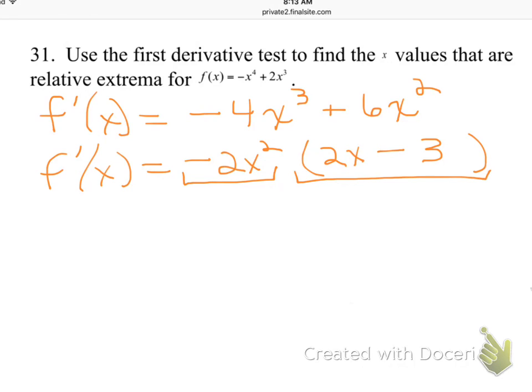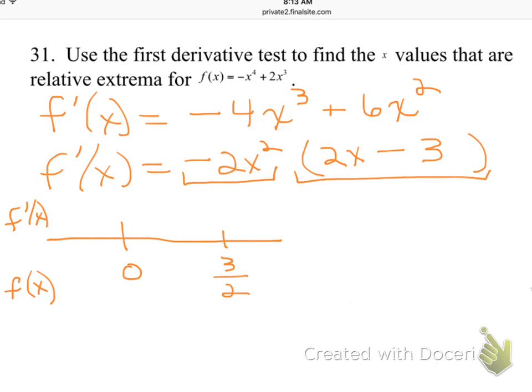+3/2. So on my first derivative test, I'm going to start out with my sign chart, and I'm going to have the critical values of 0 and 3/2 noted. And then the top is your slope, the bottom is your function direction.